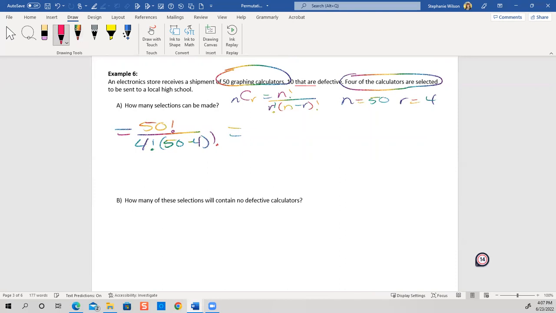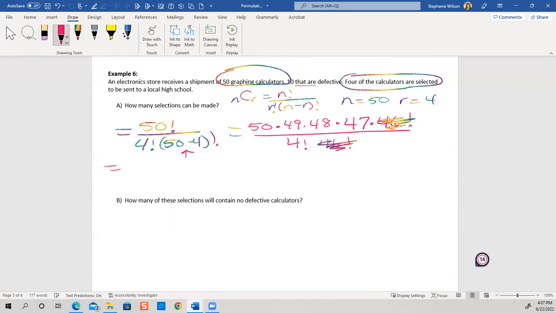I'm going to change this back to this color. So now I'm going to write this down as 50 times 49 times 48, but I'm looking here at this parenthesis. 50 minus 4 is going to be 46, right? So I'm just going to go out to 46 factorial, because I can reduce those two. Now let's go back.